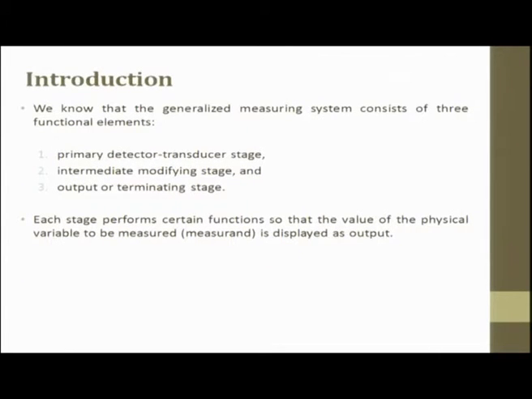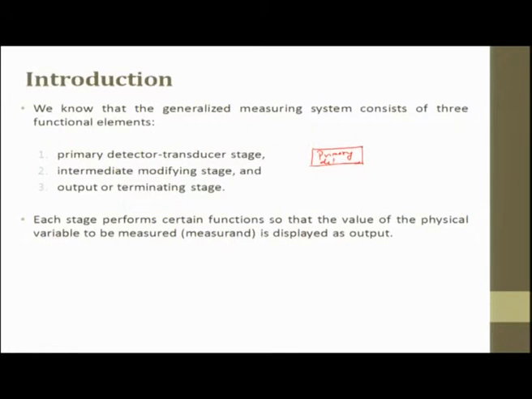First, we know that the generalized measuring system consists of three functional parts. First is the primary detector transducer stage, then the intermediate modifying stage, and then the output stage. So, what we are predominantly trying to do is, here is one device, the primary detector, which tries to find out what is the response we are supposed to take.